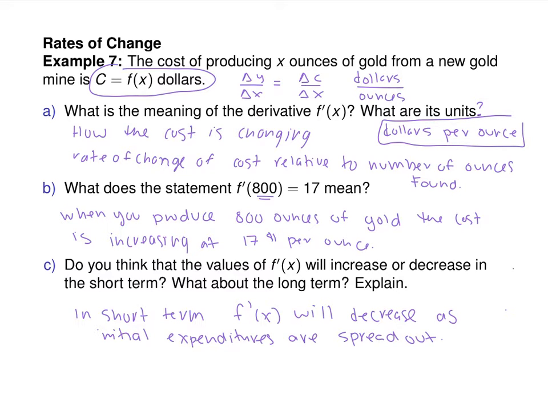Does that make sense? Assuming you put all this money into the beginning, and then you find some gold and it starts to pay for itself. So the cost per ounce is going down because you're not putting any more money in. But what about over the long term?